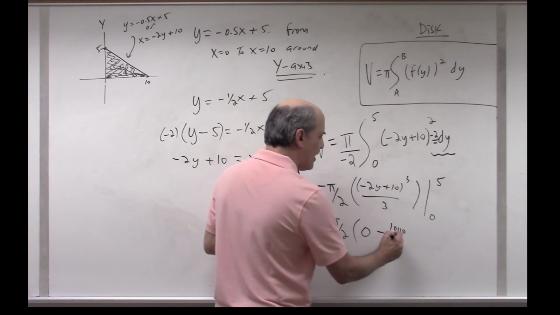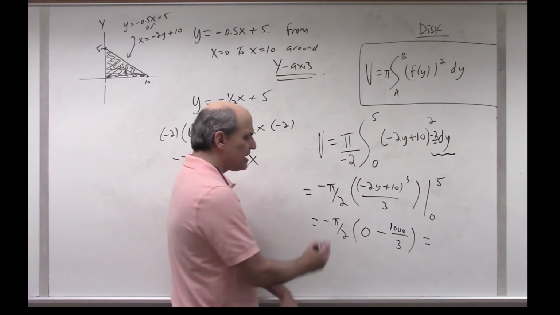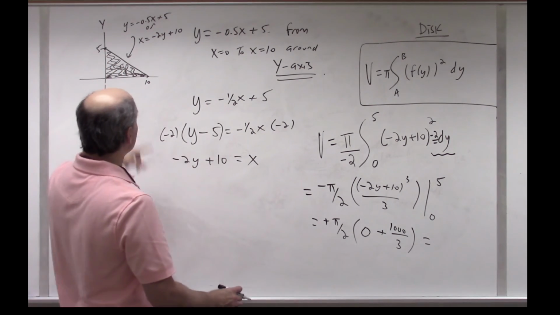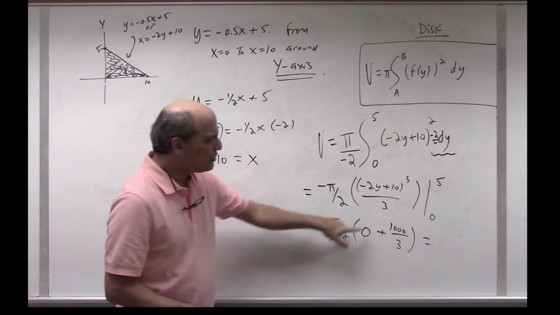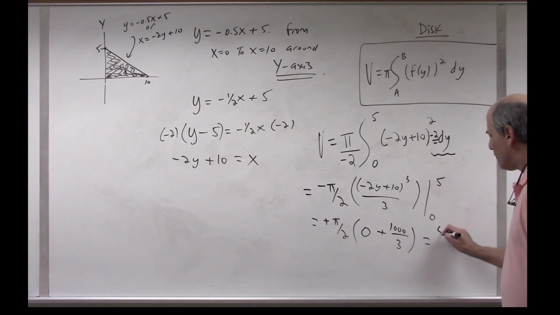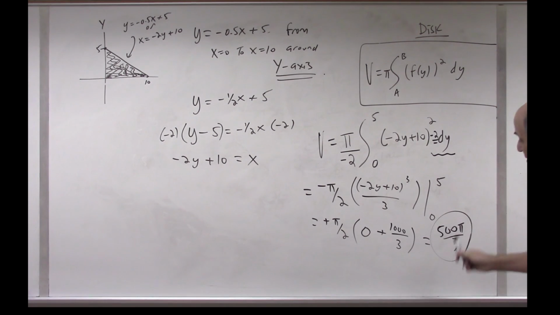That's 1,000 over 3. So negative times negative is positive. That's good because the region is in the first quadrant, so the volume should certainly be positive. And 2 goes into 1,000 500 times. So the volume of this region revolved this time around the y-axis is just 500 pi over 3.